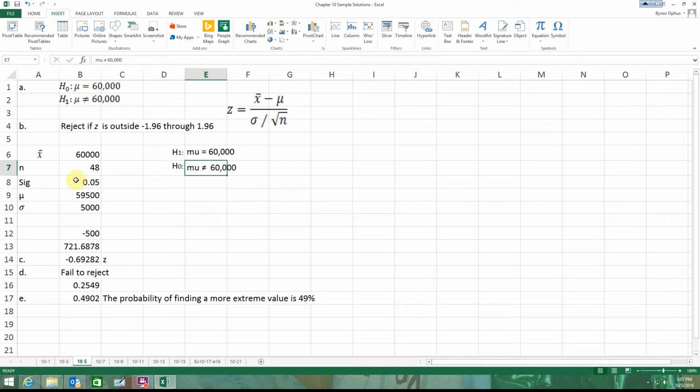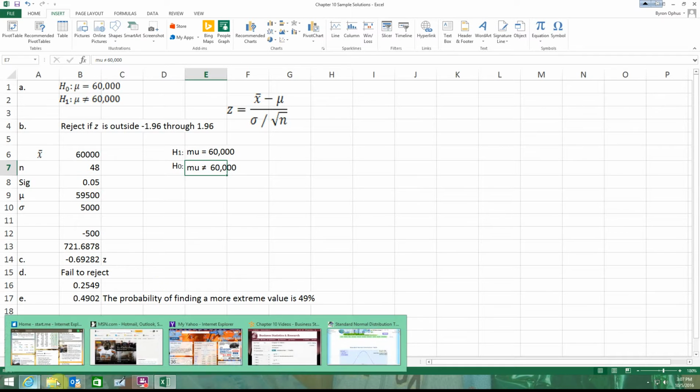So again, my significance level is this, and it's two-tailed. So I need to find, 1 minus this is 0.95, and half of that is 0.475.